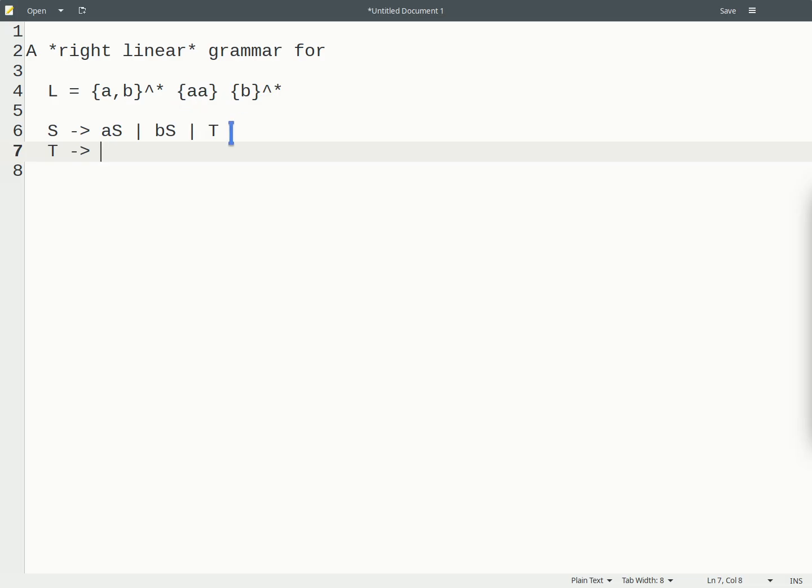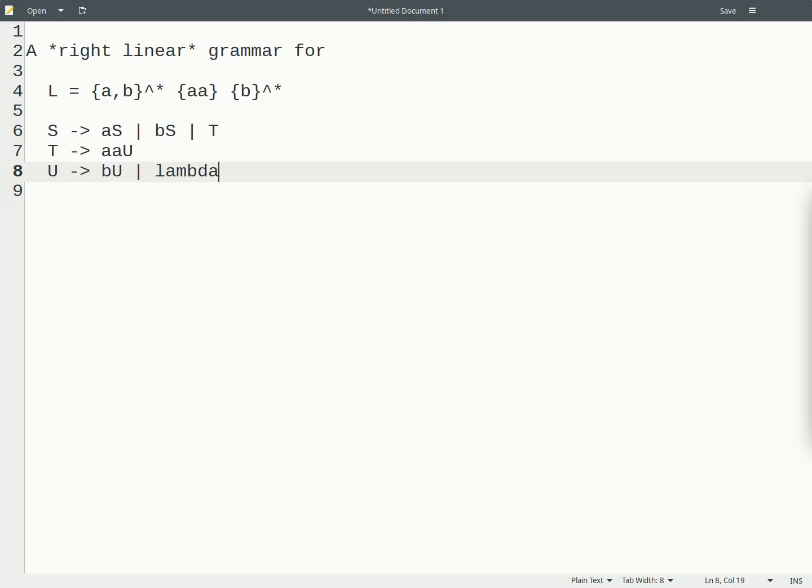So T can generate the AA, and then, because we can generate the AA only once, we have to again switch to a new part that now is responsible for generating the B's. So let's say that T generates AA and switches to U, and now U is responsible for generating an arbitrary number of B's. So we say that U can generate 1B or lambda.